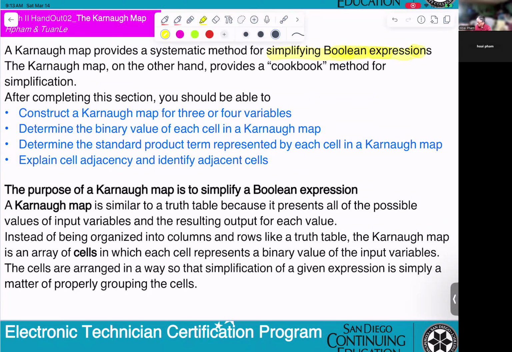After completing this section, you should be able to construct the K-map for 3 or 4 variables. Identify the binary value for each cell in the Karnaugh map.